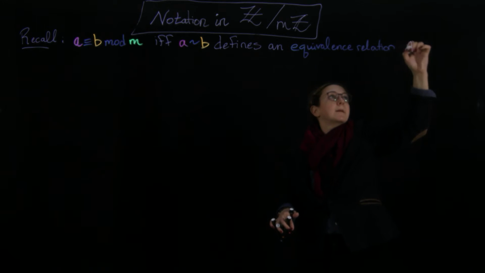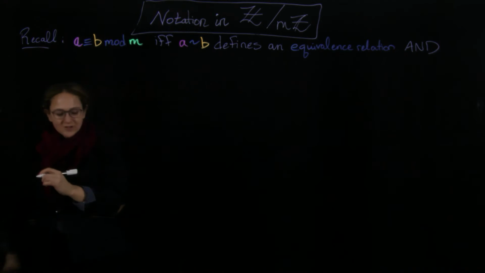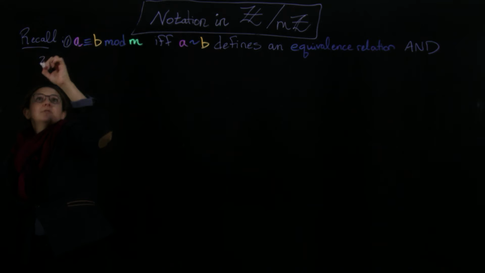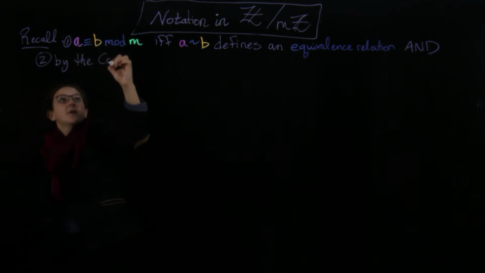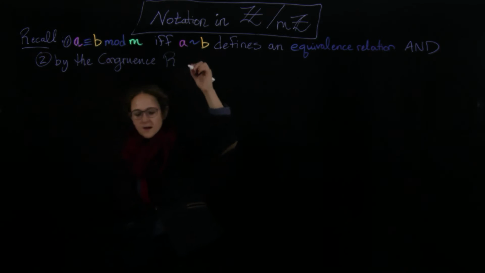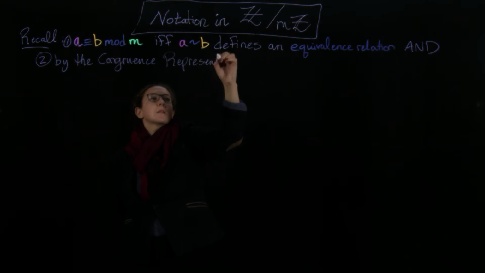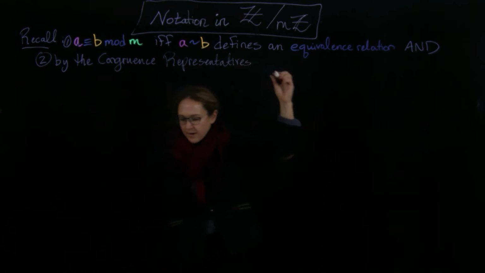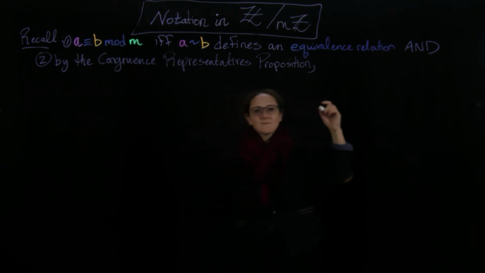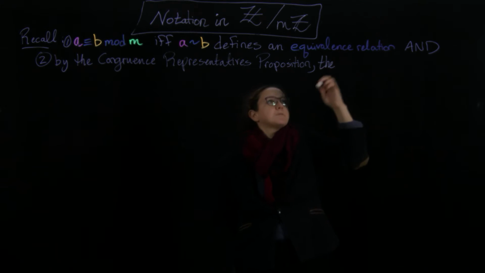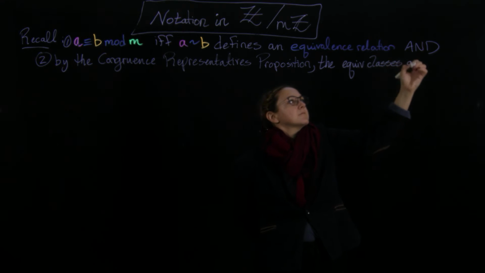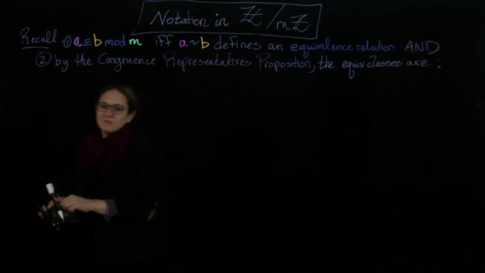And by the congruence representatives proposition, the equivalence classes are, and I'm going to write these in red, even though I have red there.